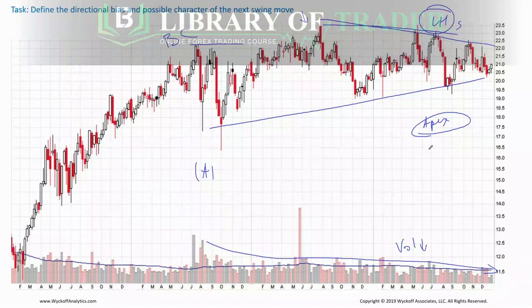What else? What if we would just look at this trading range in terms of some kind of segments, right? So maybe like segment 1, segment 2, segment 3, segment 4. What could we see here in those segments?